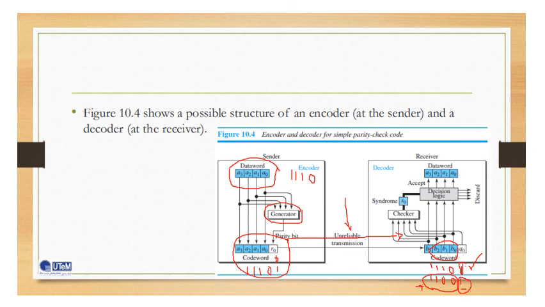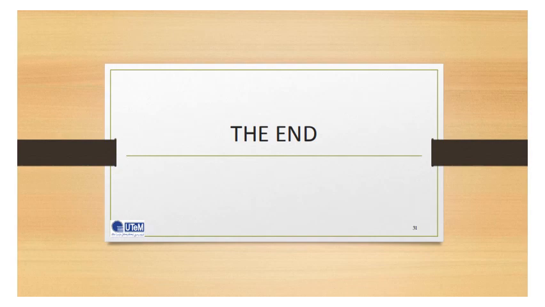So the checker will identify that something has happened to the data, because the parity bit is not supposed to be like this, so it will be discarded. If the receiver receives the earlier one, it will accept it. Okay, so that's all for this chapter.